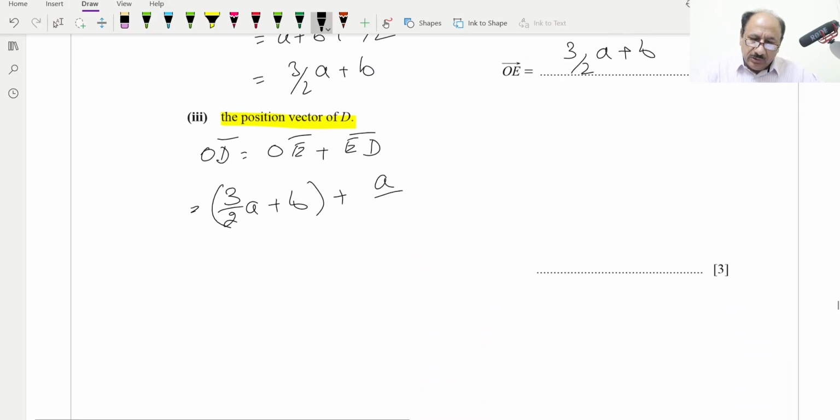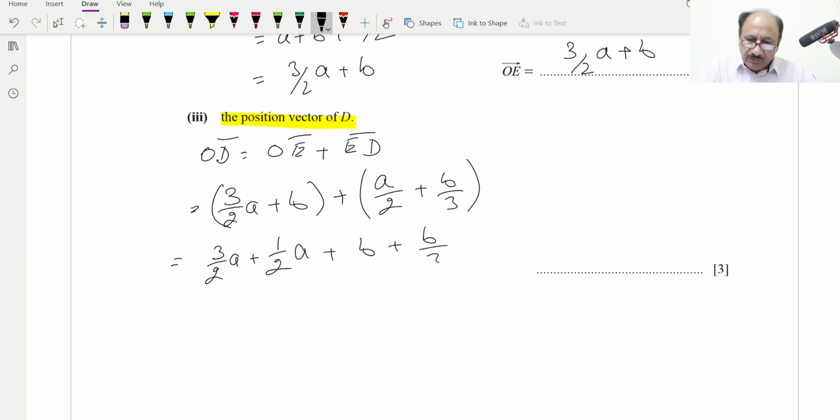Now we have to add the like terms. This will be 3 by 2 a plus 1 by 2 a, and plus b and plus b by 3. So we can simplify this. This will be 4 by 2, which is 2a, and this will be 4 by 3.